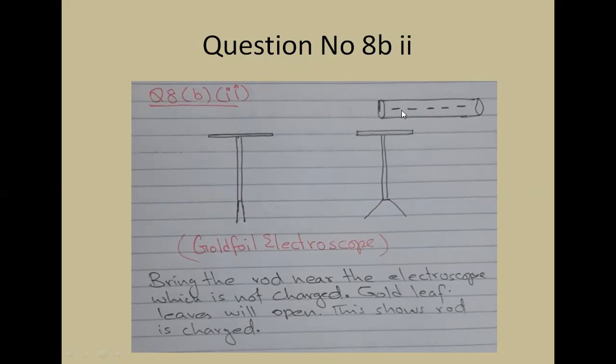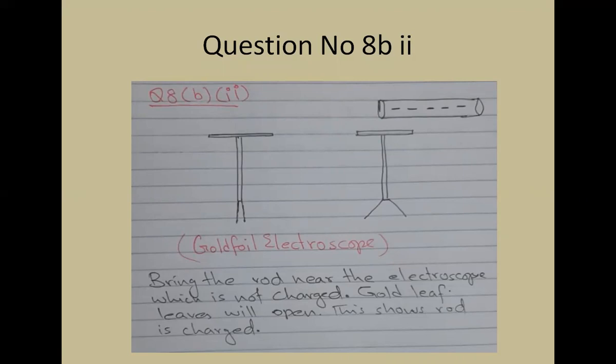And when you bring the charged body near this top plate, due to that, this also becomes charged, and when these gold leaves become charged, they get the same charge on each of them, so they will repel each other and the gold leaves will open. So visually you will be able to see that when you bring the charged rod near the top of the electroscope, the gold leaves will open up like this. So that shows that the rod is charged.